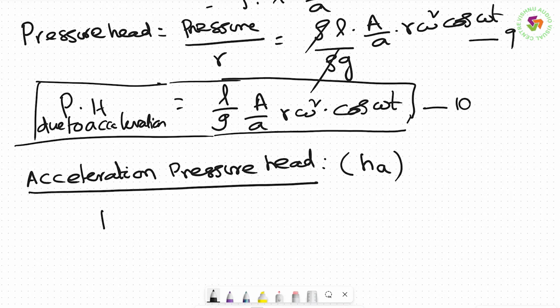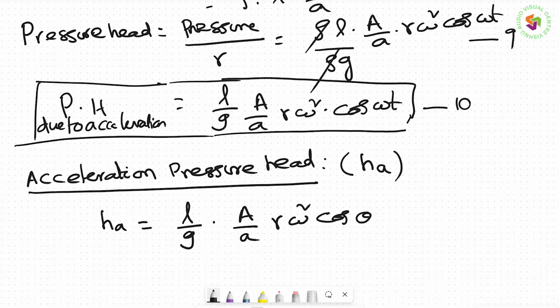HA is equal to L by g, A by A, R omega square cos theta, as theta is equal to omega t.